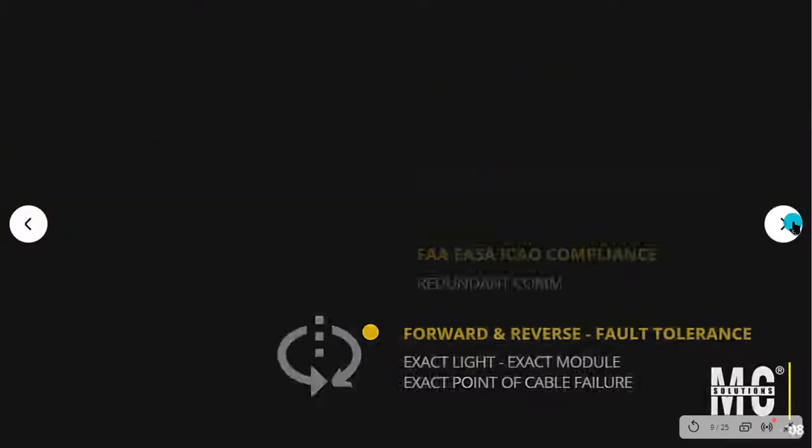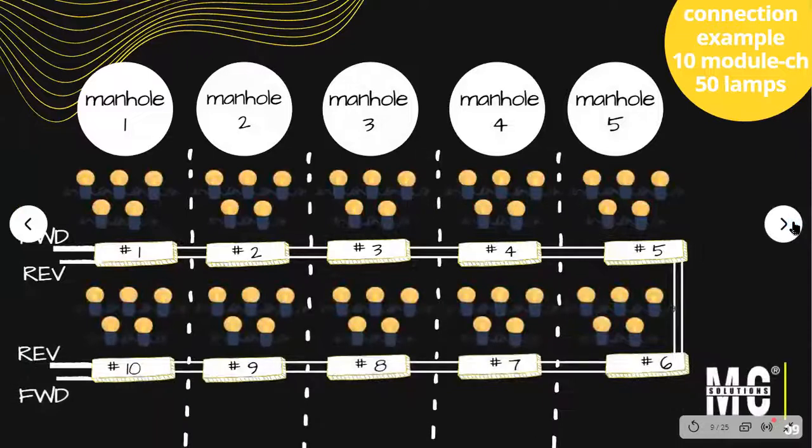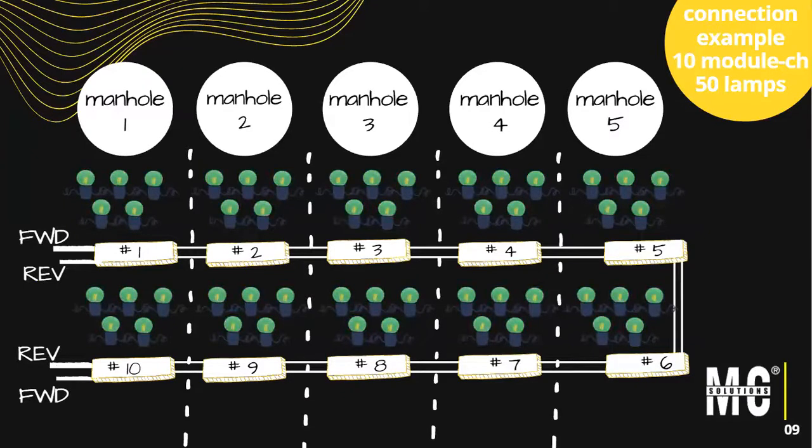So now I will show you just a layout to let you understand how the communication works. It is really simple. We go forward and reverse. The communication goes from the first module to the last one, and then from the last one to the first.